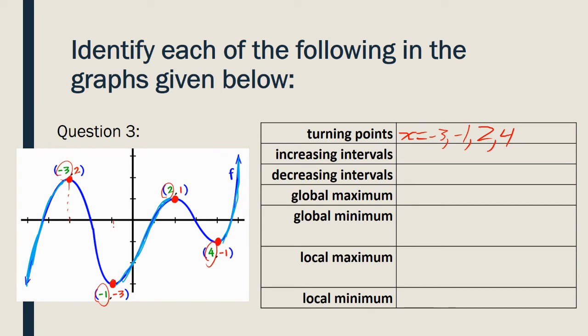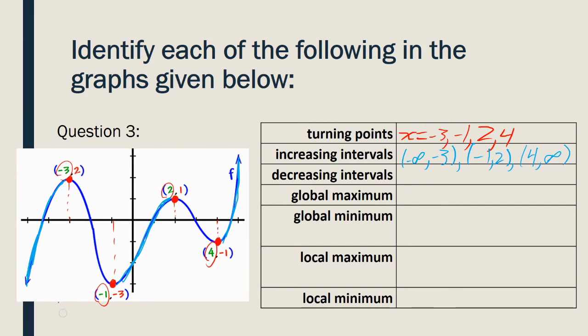According to these x values, my graph is increasing from negative infinity all the way up to negative 3. My graph is increasing from negative 1 all the way up to positive 2. And my graph is increasing from 4 all the way to infinity.